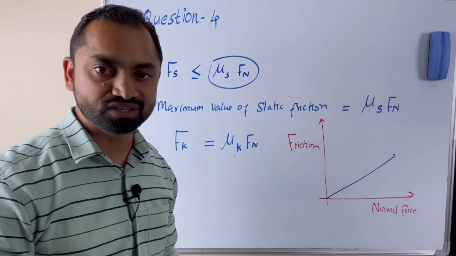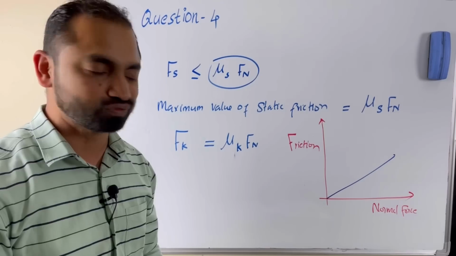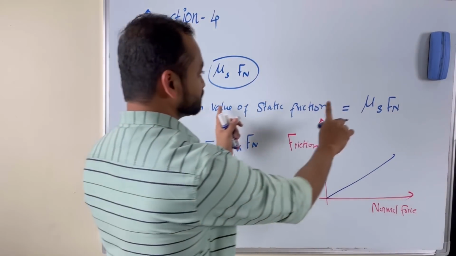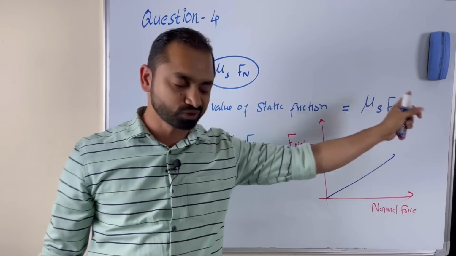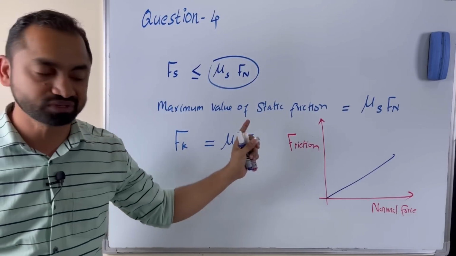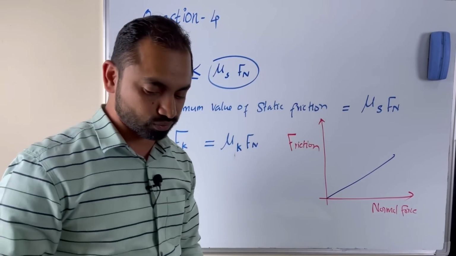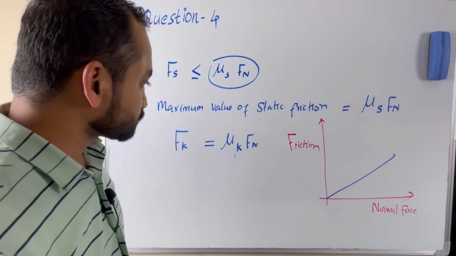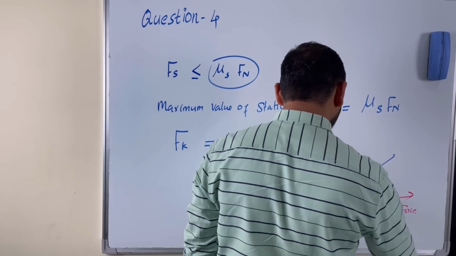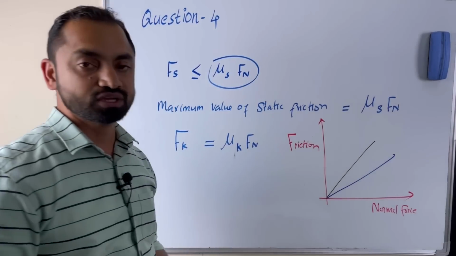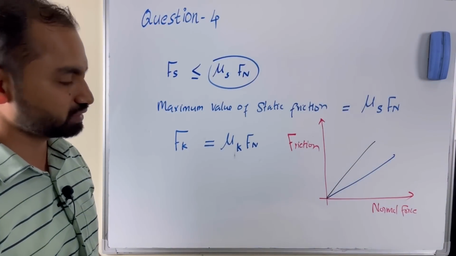Because friction is directly proportional to normal force according to this equation and this equation. You can see here static friction is directly proportional to normal force, kinetic friction is also directly proportional to normal force. So if we plot a graph of frictional force against normal force, the graph will be a straight line.